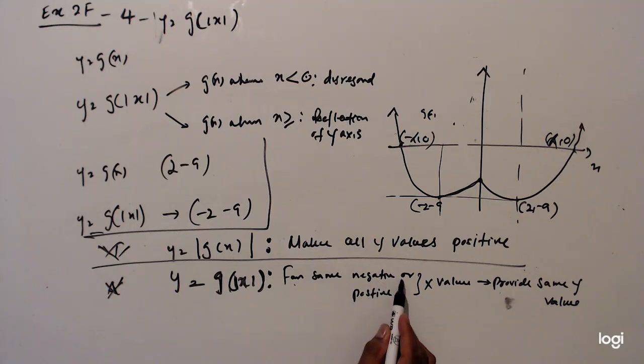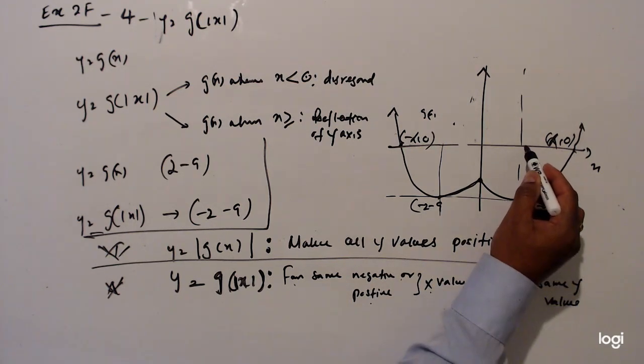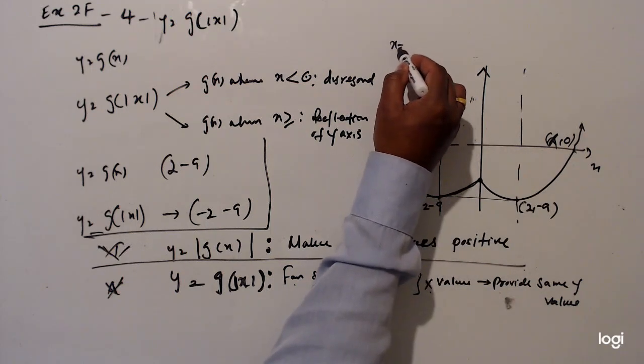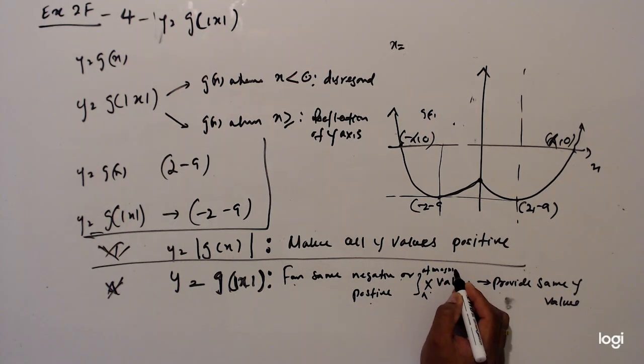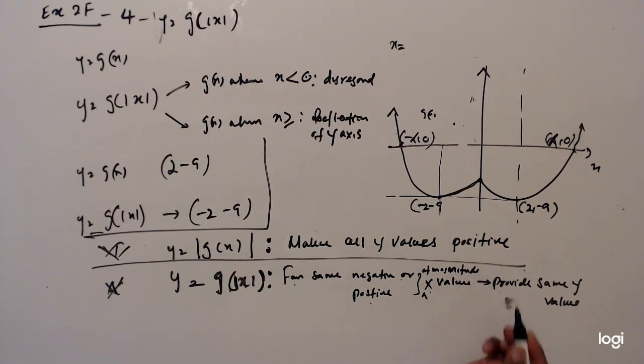For the same negative or positive x value, the y value should be the same. So x equal, actually, of magnitude, magnitude size, for the same size.